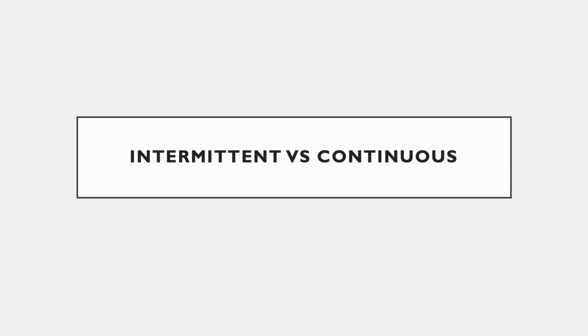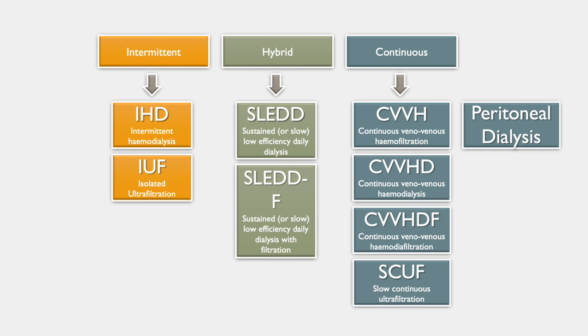In the next couple of slides, we'll discuss the differences and the considerations between intermittent and continuous renal replacement therapy. In terms of intermittent options, we have intermittent hemodialysis or isolated ultrafiltration, or ISO-UF. In terms of continuous methods, we have different permutations and combinations of hemofiltration and hemodialysis.